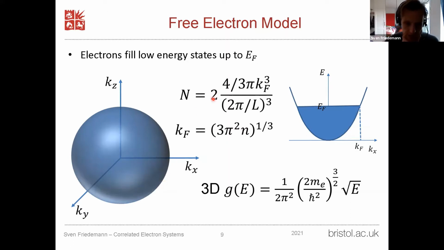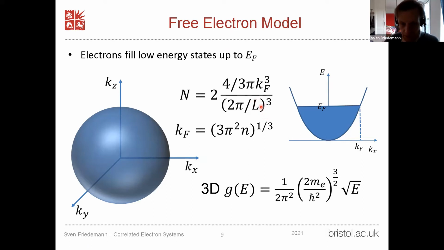So that's this 2 here in front of the expression, and then we divide it by the volume that each state will occupy. That's 2 pi over L, as I've discussed on the previous slide, for each dimension. And as we considered this in 3 dimensions, this is cubed.